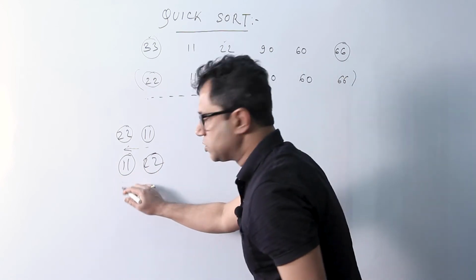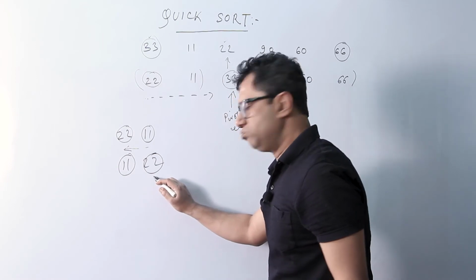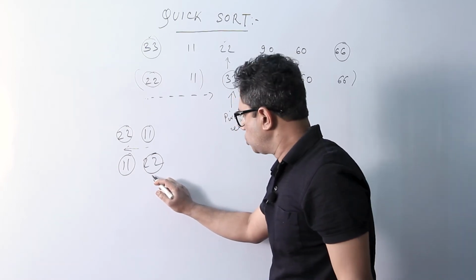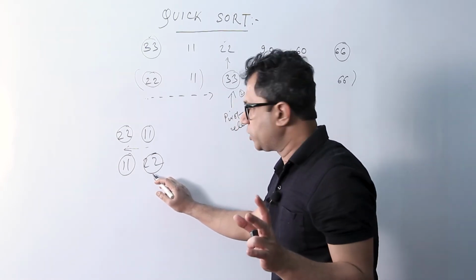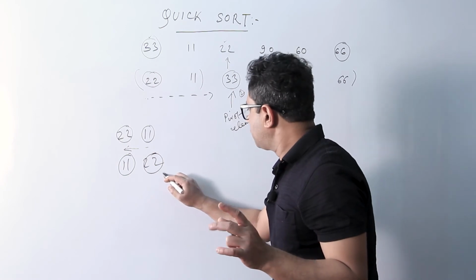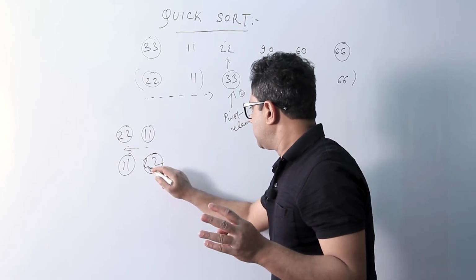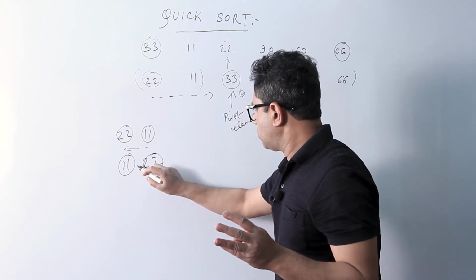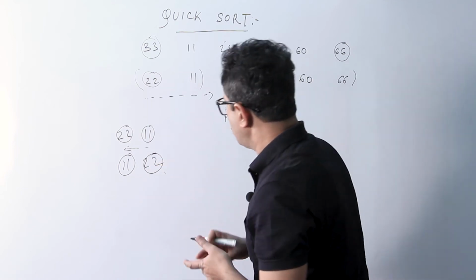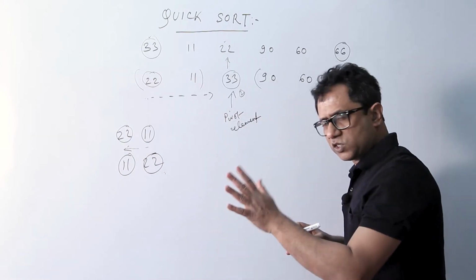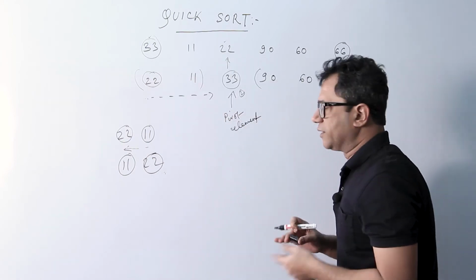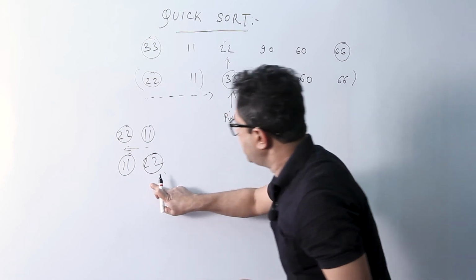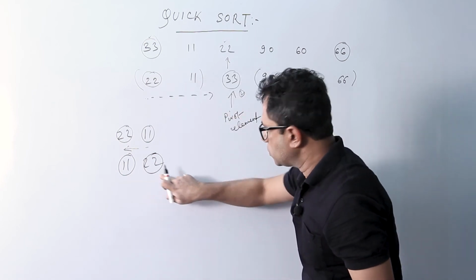So, 11 is not greater than 22, and 22 is the same as 22, so 22 cannot be greater than 22, and we cross over. After crossing over we see that we have crossed over the element to which we were comparing any other element which should have been greater. So, we did not find any element which is greater than 22 and we cross over this 22.